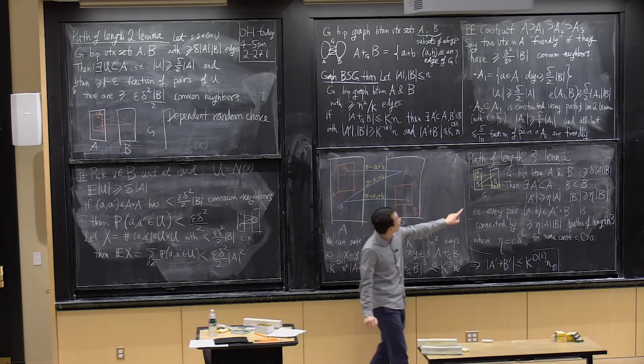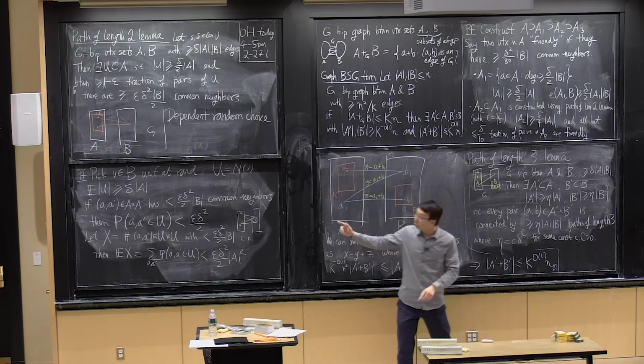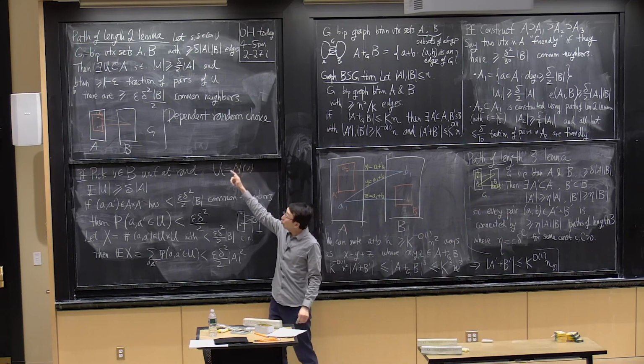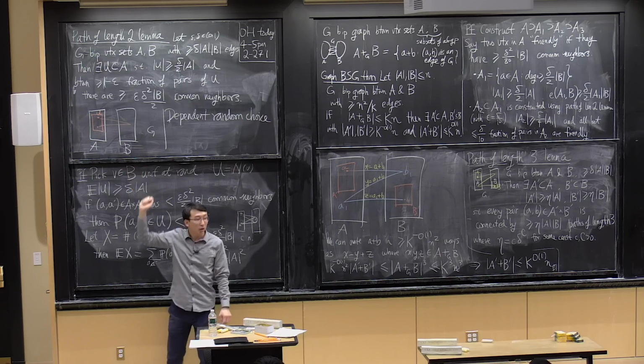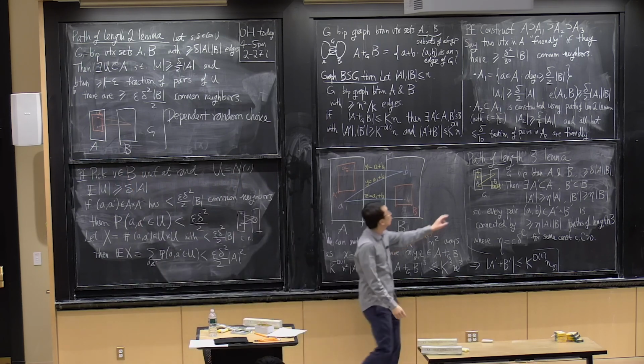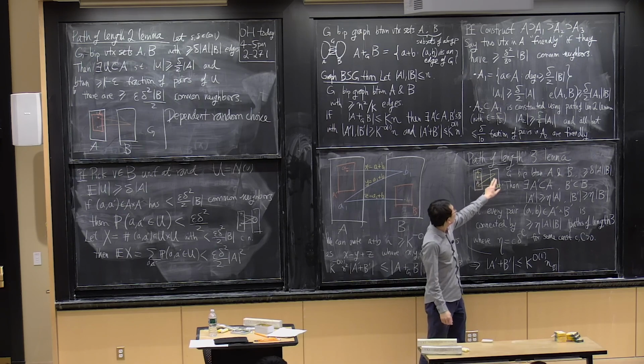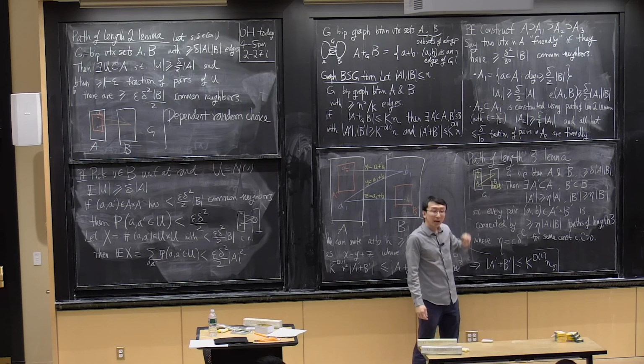And this is what's going on in both the graphical version and the additive version. So back to the path of length 3 lemma. We were able to boost the path of length 2 lemma, which tells us something about 99% of the pairs having lots of common neighbors, to 100% of the pairs having lots of paths of length 3.